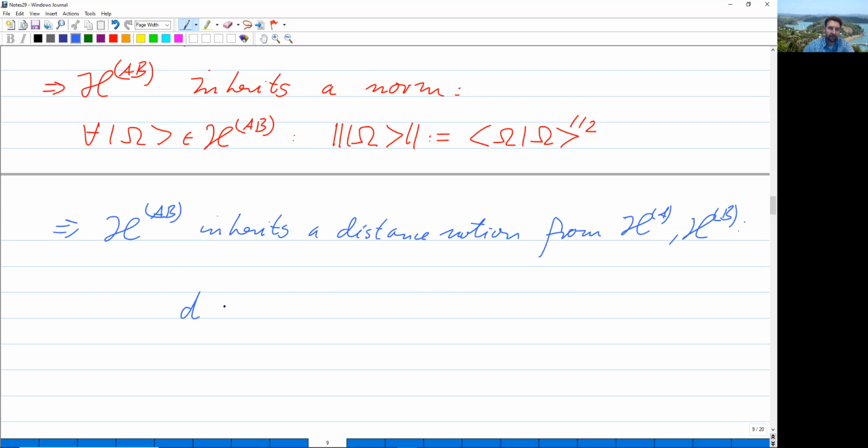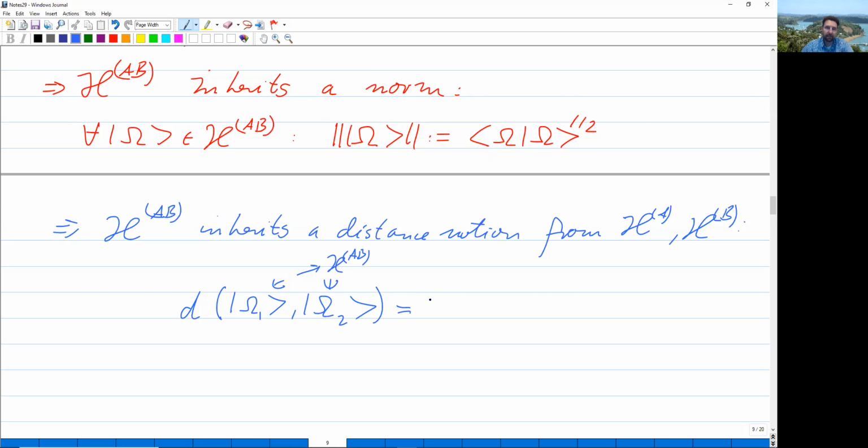Well, the distance between two vectors, omega 1 and omega 2, both of them elements of HAB, also called the metric, is the distance induced by the norm.